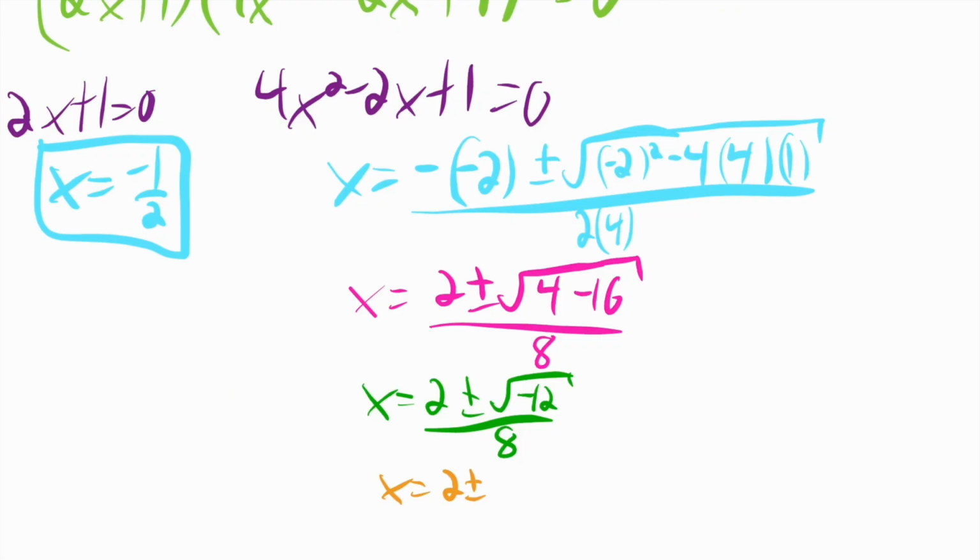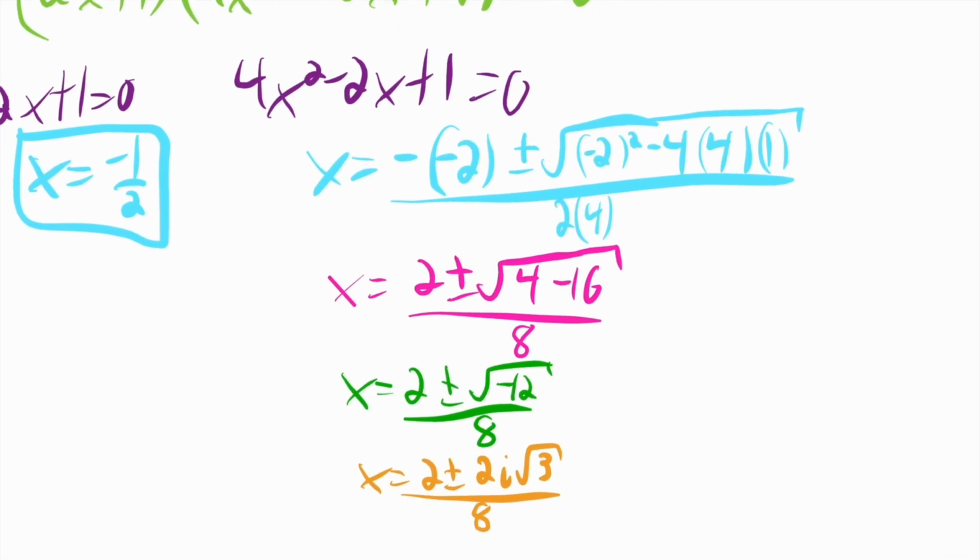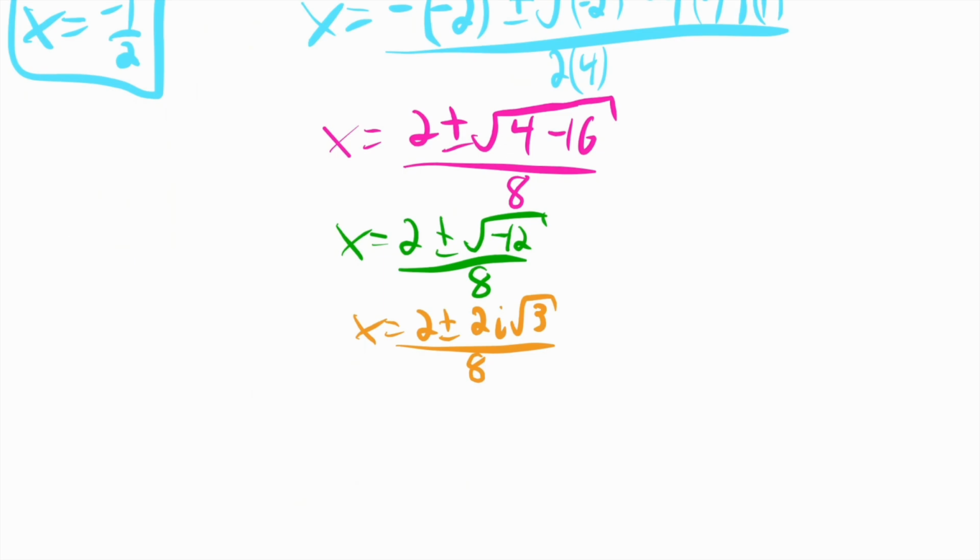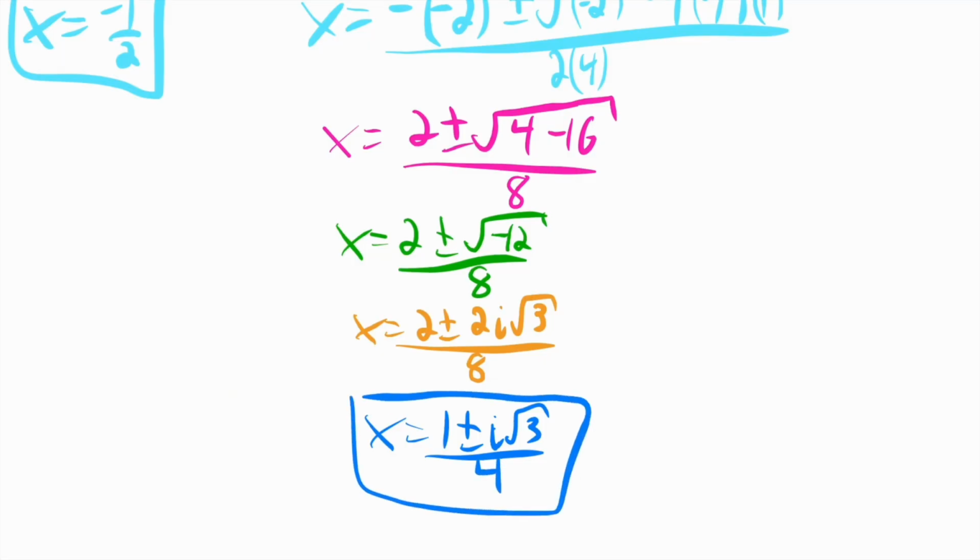So that's 2i square root 3 all over 8. And we can simplify 8 with each of those 2's, so we will, giving us x equals 1 plus or minus i times the square root of 3, all over 4. And those will be our last 2 answers.